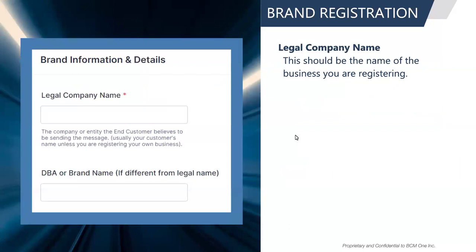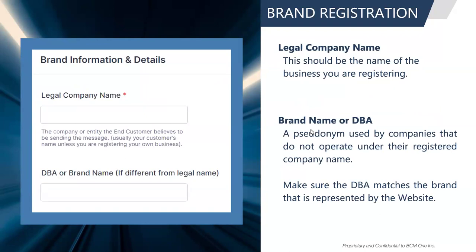The legal company name is the name of the business you are registering. So keep in mind that the legal company name should exactly match the name under which the business is registered with the IRS for US businesses. Then we have the brand name or the DBA, which stands for doing business as.